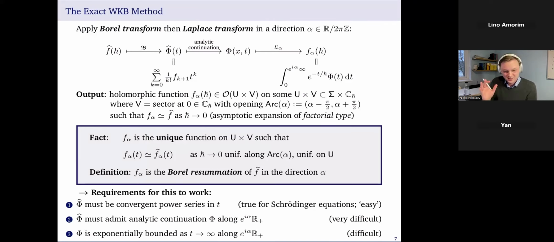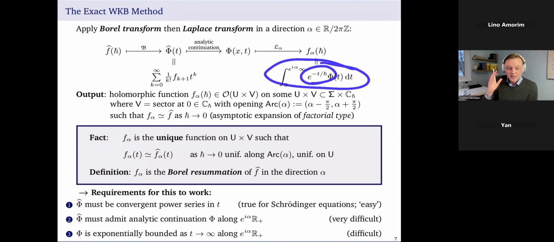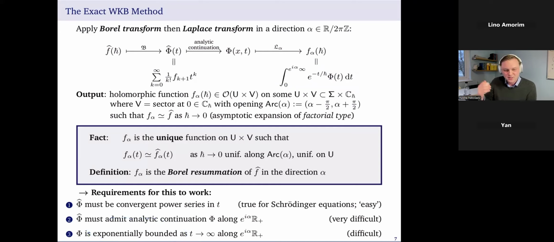And not only that, once I've done that and apply the Laplace transform, integrating against this Laplace kernel, you also need to ensure that this integral actually converges. That is a non-trivial requirement. But at least in all the problems that I've encountered, once you've constructed the analytic continuation, this exponential boundedness almost comes as part of the construction, not so much for free. So I'm just calling it difficult, not very difficult.